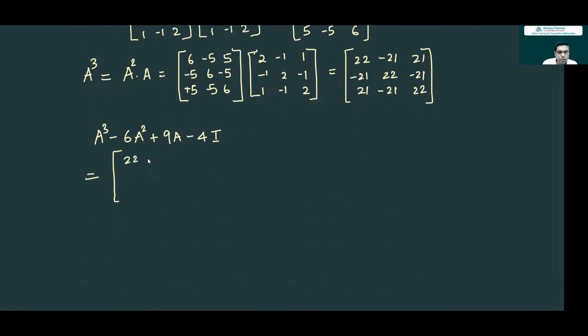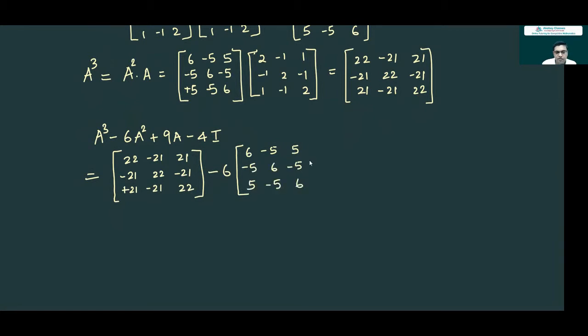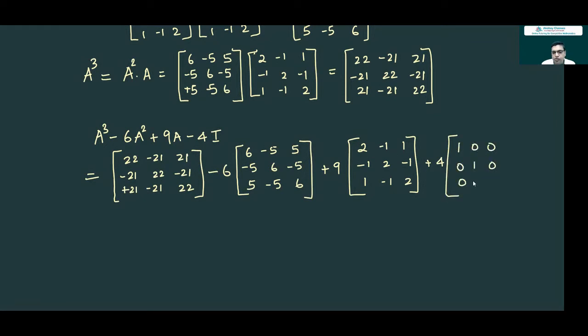A cube is 22, minus 21, 21, minus 21, 22, minus 21, minus 21, sorry, plus 21, minus 21, 22, minus 6 times A square, 6, minus 5, 5, minus 5, 6, minus 5, 5, minus 5, 6, plus 9 times A, 2, minus 1, 1, minus 1, 2, minus 1, 1, minus 2, 2, plus 4 times I, 1, 0, 0, 0, 1, 0, 0, 0, 1.